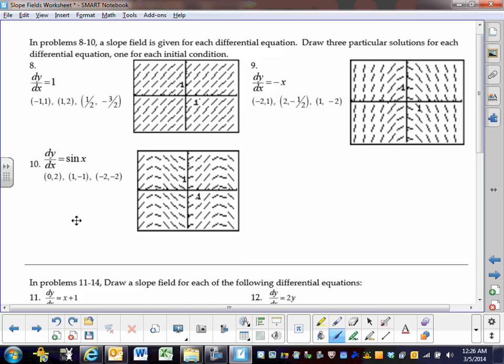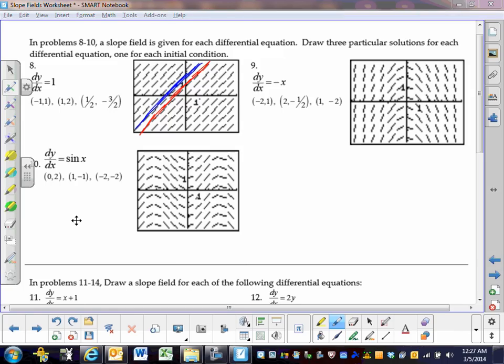A -1, +1 be here. Okay, 1, 2. Different line with a slope of 1. And 1/2, -3/2. Again, another slope of 1, but still just a line.